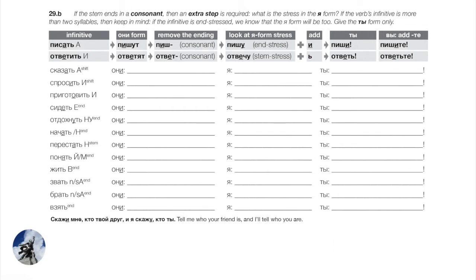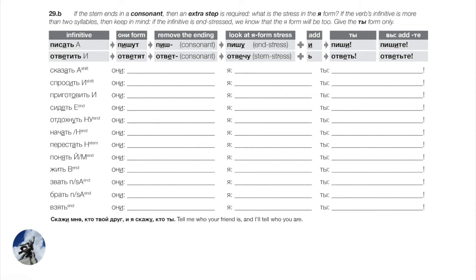Okay, брать, another tricky nsa verb. Here we've got br, that's our non-syllabic root, plus the a we see in the infinitive. And this one, you may recall, inserts an e, right? Some of these nsa verbs will introduce an o or an e right in the middle of their non-syllabic root. So these nsa verbs are very tricky. Fortunately, there are not very many of them in the language.